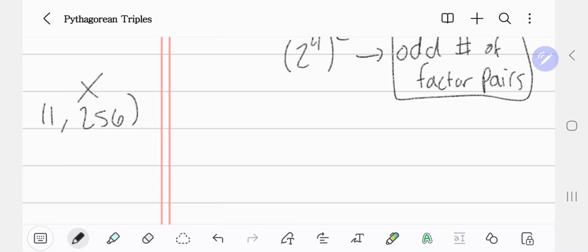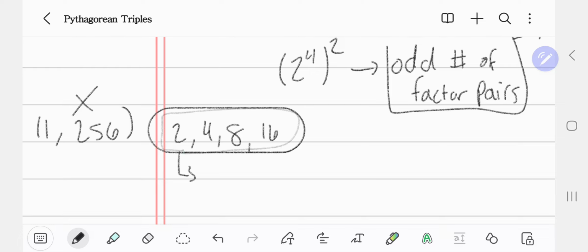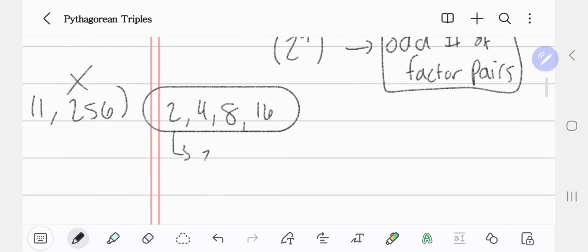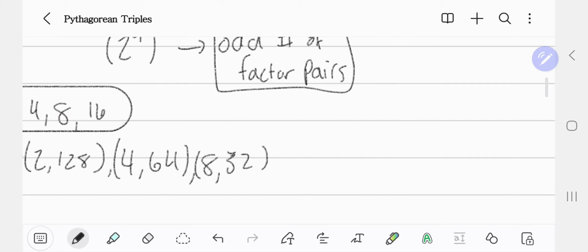Then we have 2, 4, 8, and 16, and we can pair them up like so: 2 and 128, 4 and 64, 8 and 32, and 16 times 16.